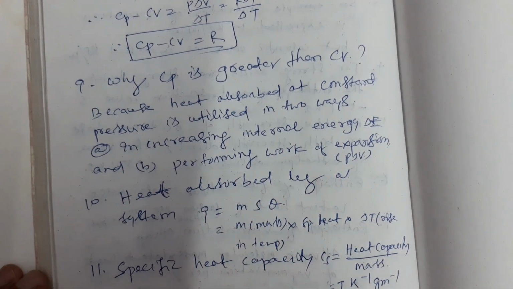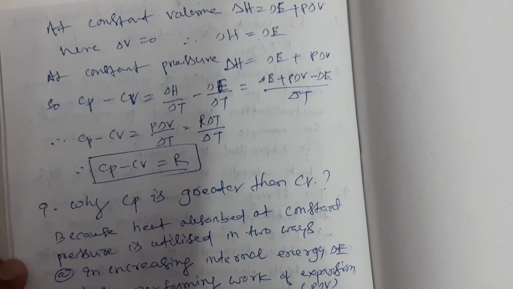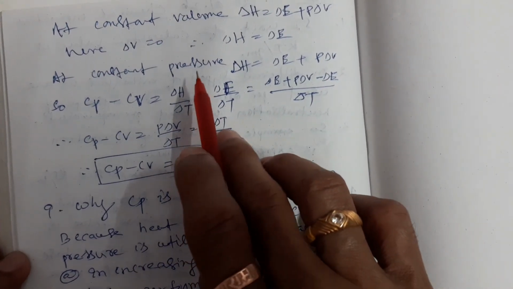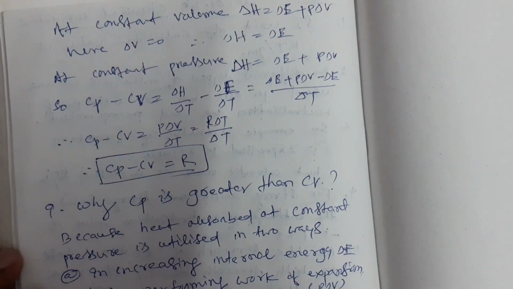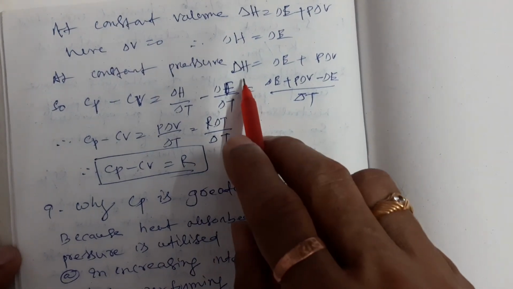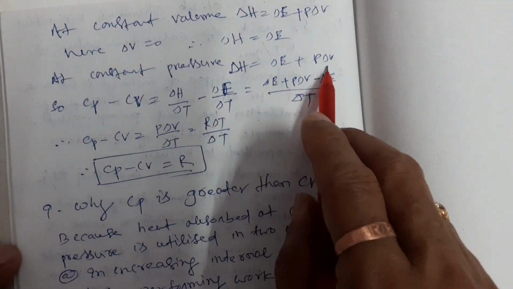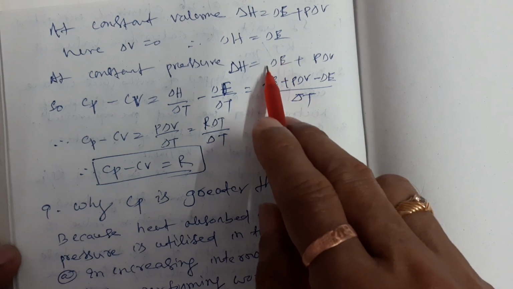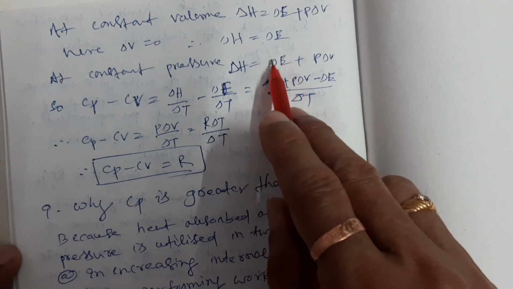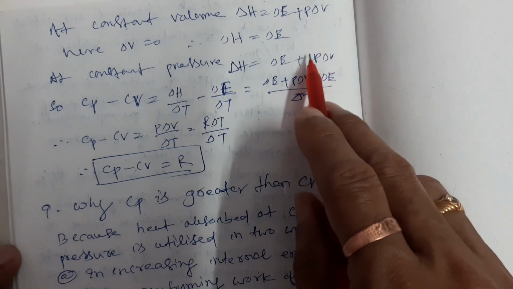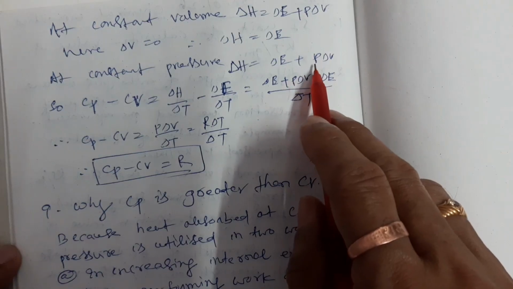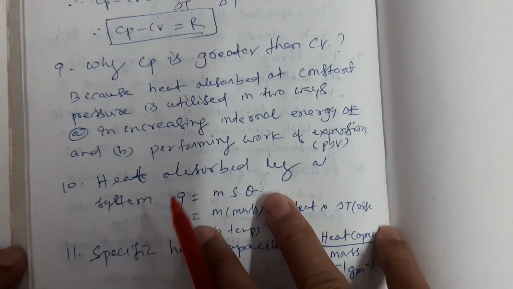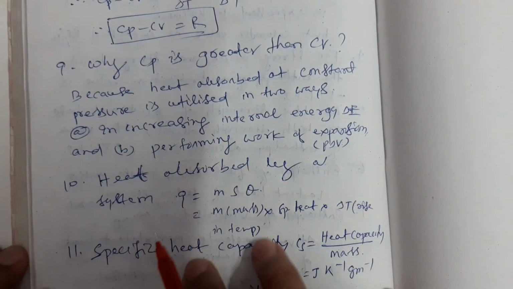You see the relation, delta H is equal to delta E plus P delta V. So one part is utilized for increasing the internal energy, the other part is used for the work done. Therefore Cp is greater than Cv.